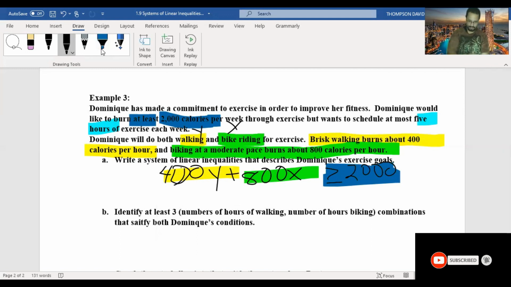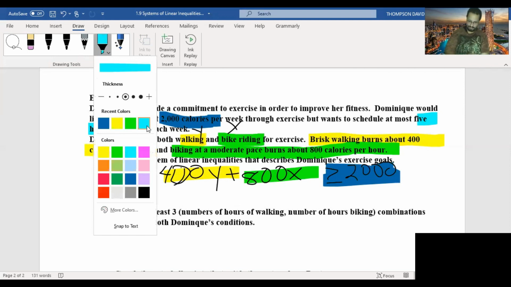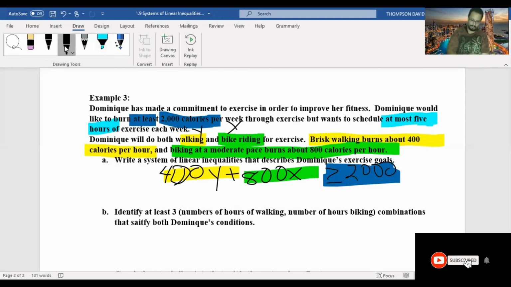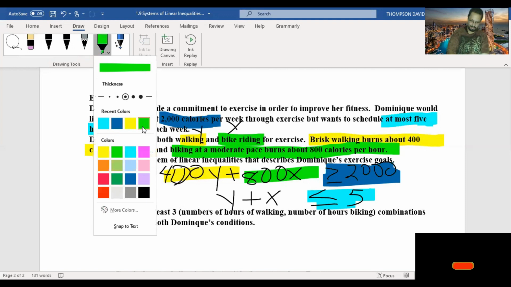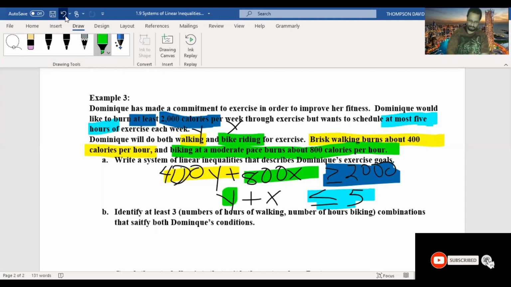Now, she wants to exercise at most 5 hours each week. We don't know how many bike riding hours or how many walking hours, so we'll just say y plus x is less than or equal to 5. We'll continue highlighting the x in green and the y in yellow.